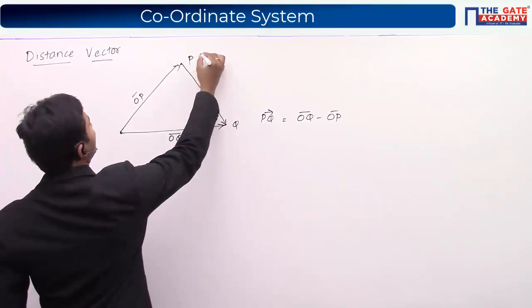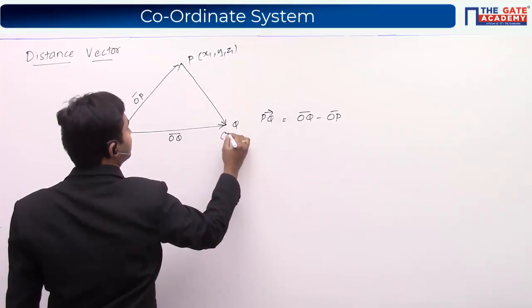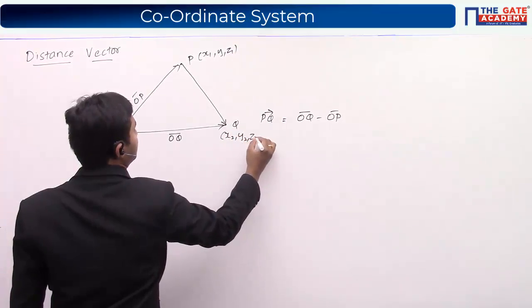So let this particular point P be x1, y1, z1, and let this particular point Q be x2, y2, z2.